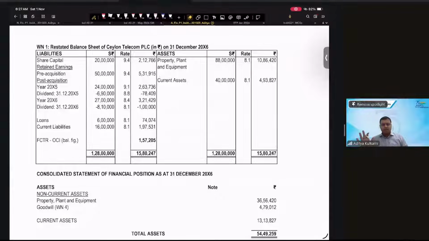What I will do is take you through the entire conversion of the foreign subsidiary trial balance into INR. I will stop till goodwill, because that brings us to one point of discussion. And after that, I will stop.